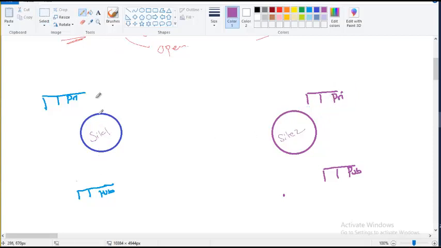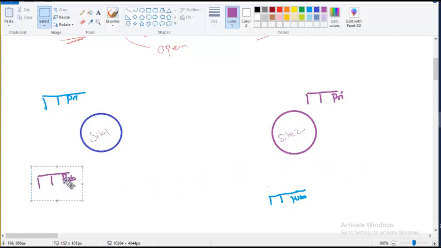Now, this blue public key is what I'll give to this guy. This blue public key is what site 2 will give to site 1. Why, you know? Please understand, this is the main story. This public key of this purple color will be used by site 1 to encrypt.